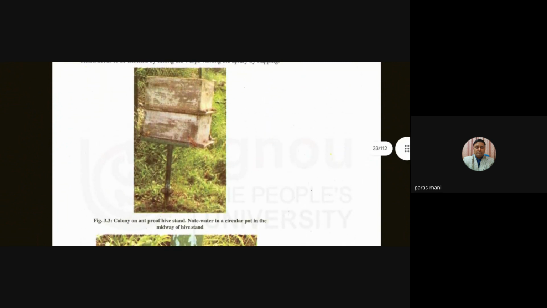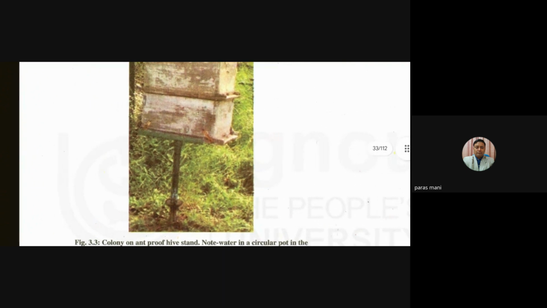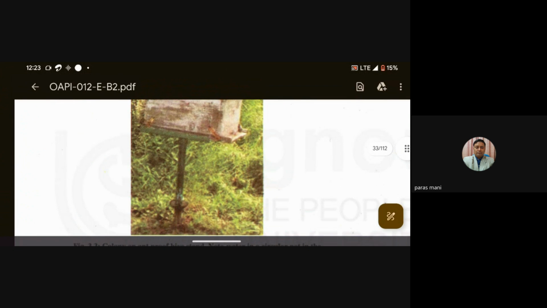This is the bee box. I think we have not seen many photographs of this. These bee boxes are placed on the bee stand. You can see that the support is properly provided for the bee box. And in the midway of the pole, there is a structure to hold liquid.